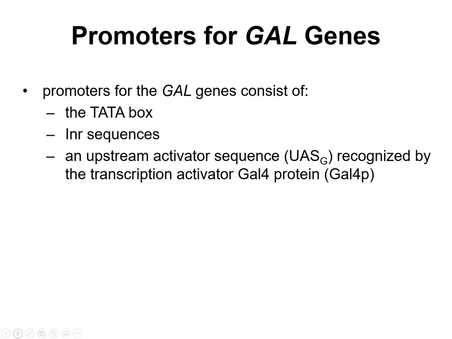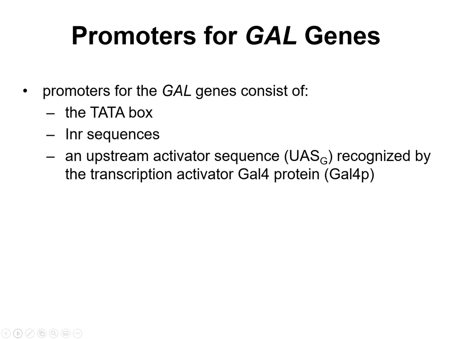We are going to talk about these genes and give you a bit of an example of a lower eukaryote and regulation. So the promoters for the GAL genes, which are just the genes that are necessary for yeast to use galactose as a source of energy. So we've got the TATA box, we've got initiator sequences, upstream activator sequence.